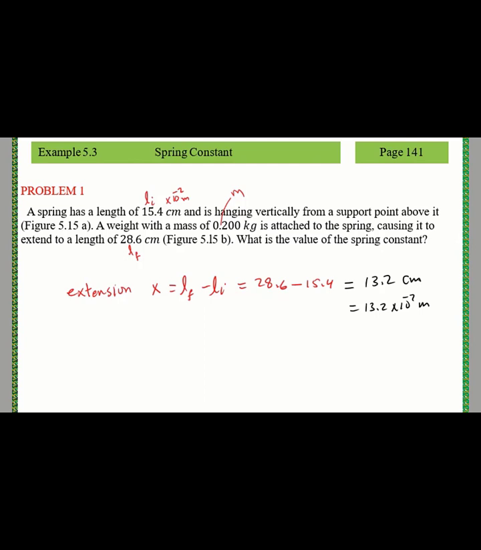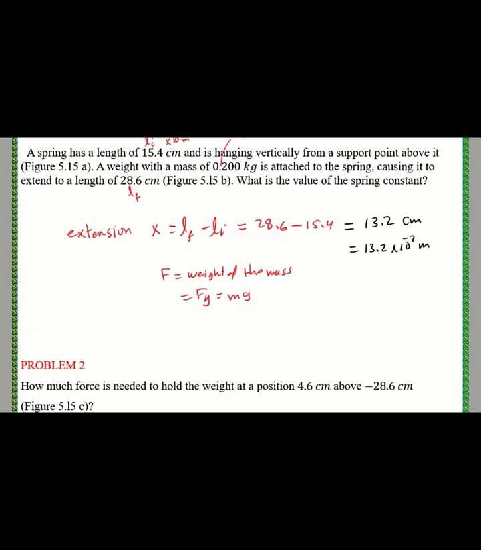Now, the force is the weight of the mass, Fg equals m times g. The mass is 0.2, times g, 9.8. The answer will be 1.96.